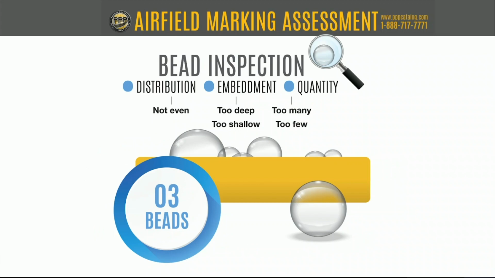Just know that very often, if your markings aren't appearing yellow at night or red at night, it's due to the embedment. And that, by the way, is not just type 3. Type 1 can also look white at night. So it's not a material issue. I believe it's an application issue, but it is one of the things that we see not done properly enough.